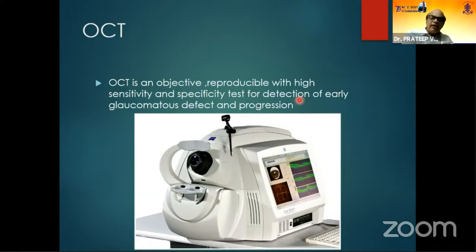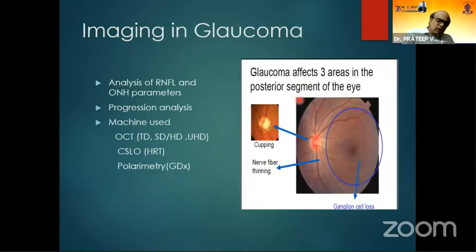So obviously you need equipment which is objective in nature, which can quantify and monitor the structural loss so that we can follow up this patient, because glaucoma is a chronic progressive optic neuropathy and it causes permanent visual damage. That's why the monitoring of this is very, very essential. And the OCT is the one imaging technology which can fulfill all these things.